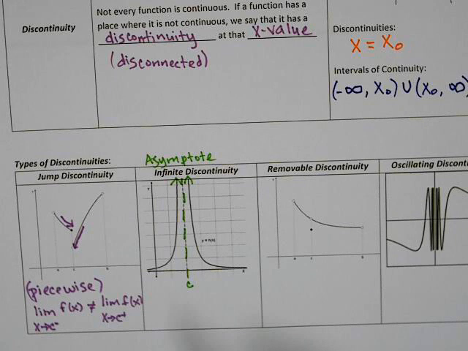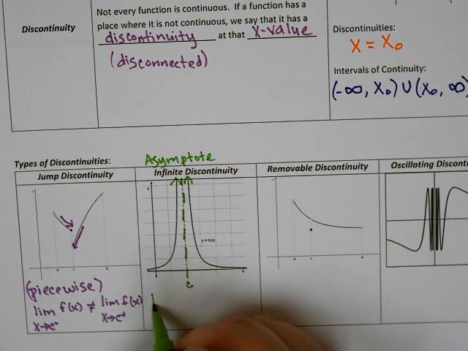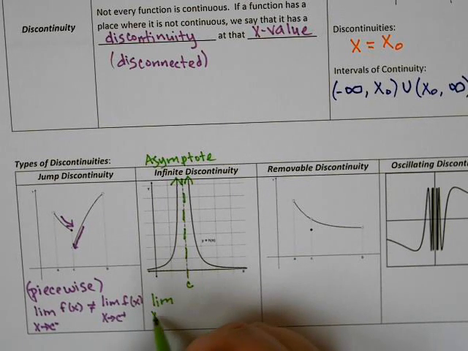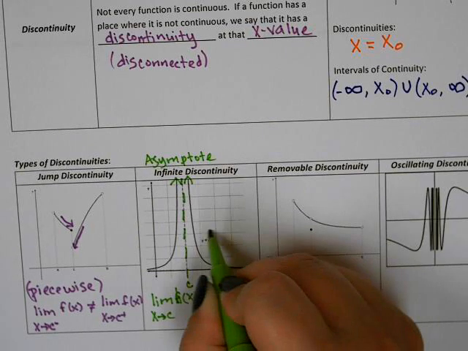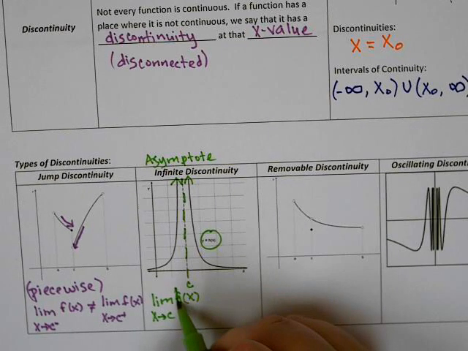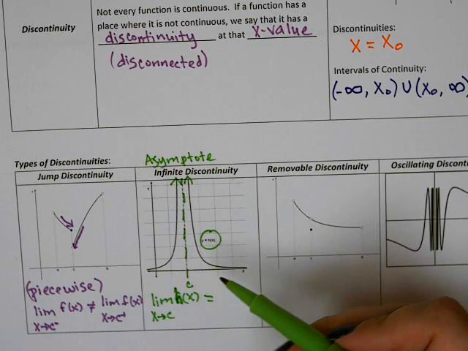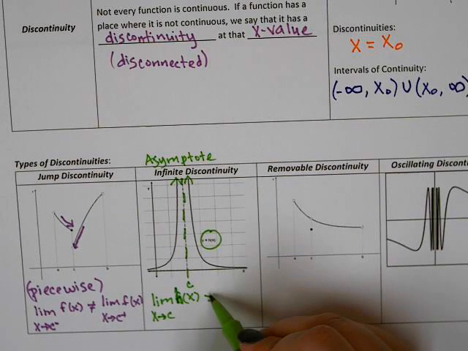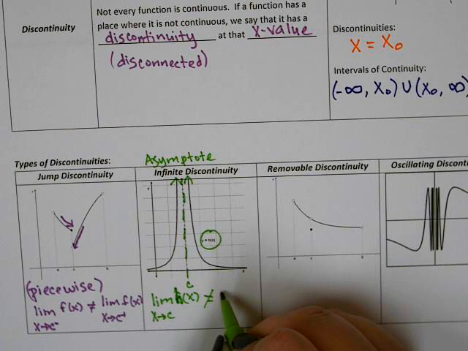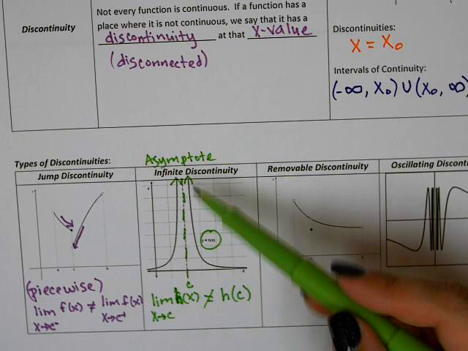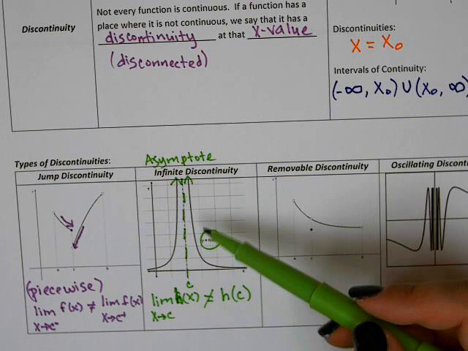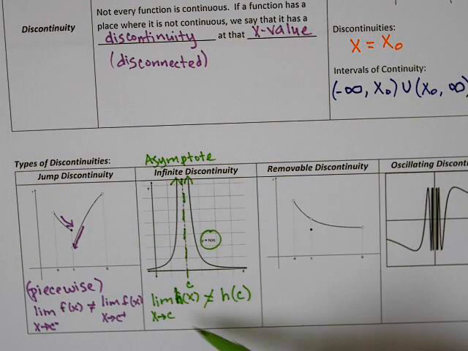The limit overall does exist: the limit as x approaches c of h of x is infinity. However, there is no h of c because it's an asymptote, so we can't actually plug in whatever this c value is, which means there's a discontinuity.